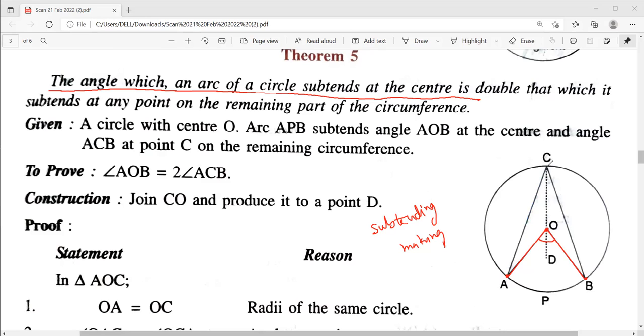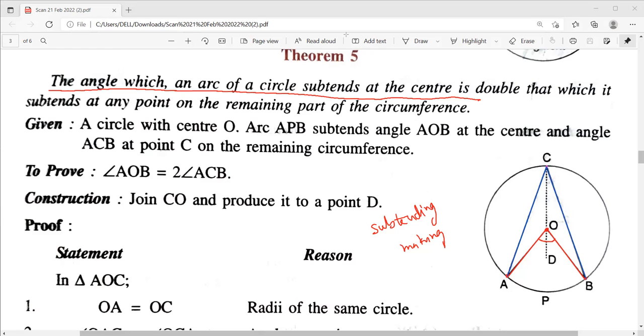I chose one here. Now what I do is I join this with point C, with the same endpoints of the arc AB. So see here, I join A with C and I join B with C.